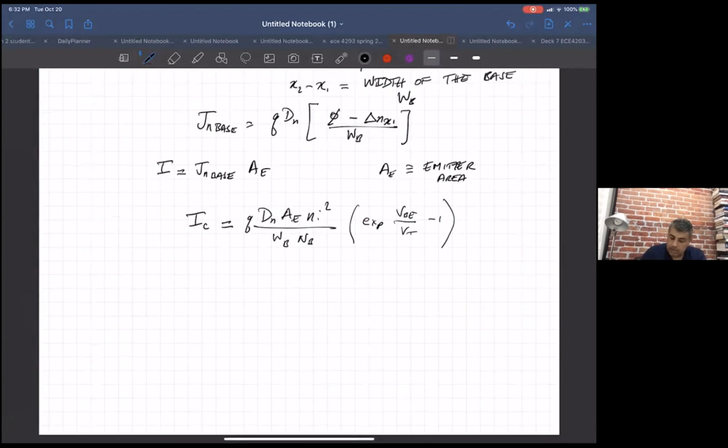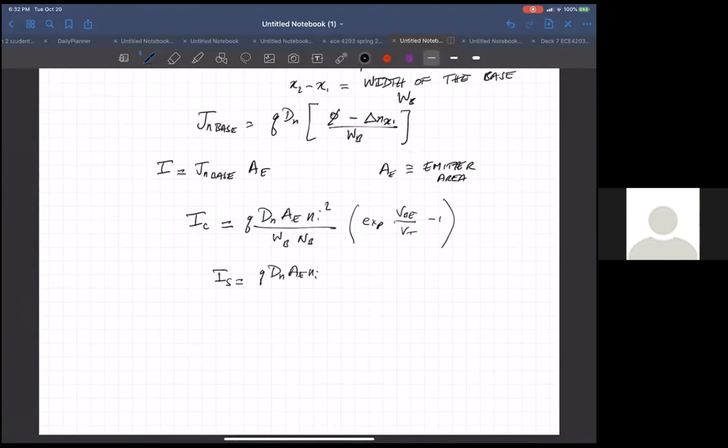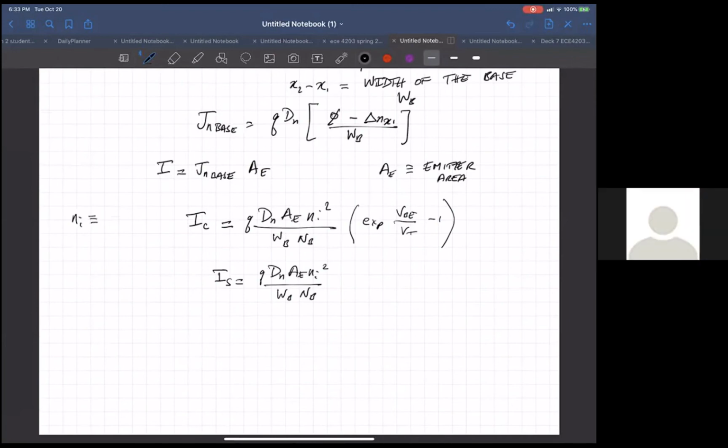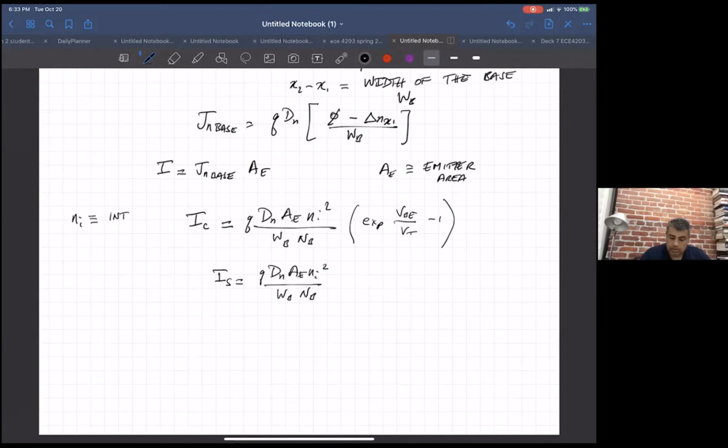Then I'm going to put all this stuff into a term called I sub S, which is equal to Q D sub n A sub E, Ni squared over WB n sub B. Ni, if you guys remember, was the intrinsic carrier concentration, and that was 1.08 times 10 to the 10th per centimeter cubed.